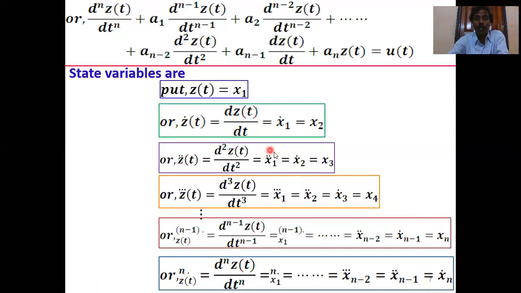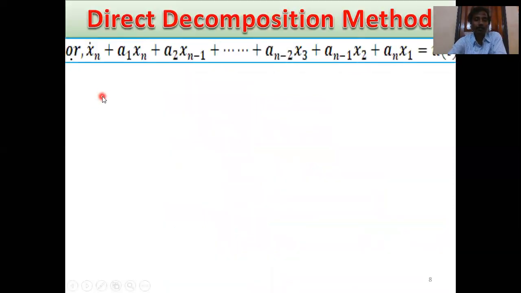Put z(t) equals x1, dz(t)/dt equals x2, this is equivalent to x3, this is x4, up to x(n-1), and d^n z/dt^n equals xn dot. So put x1, x2, x3, up to xn dot, and we get the state equations.